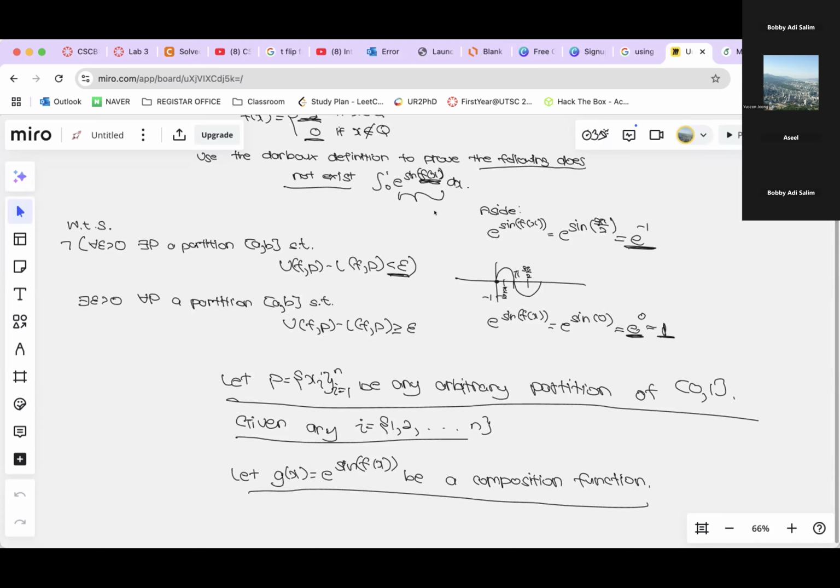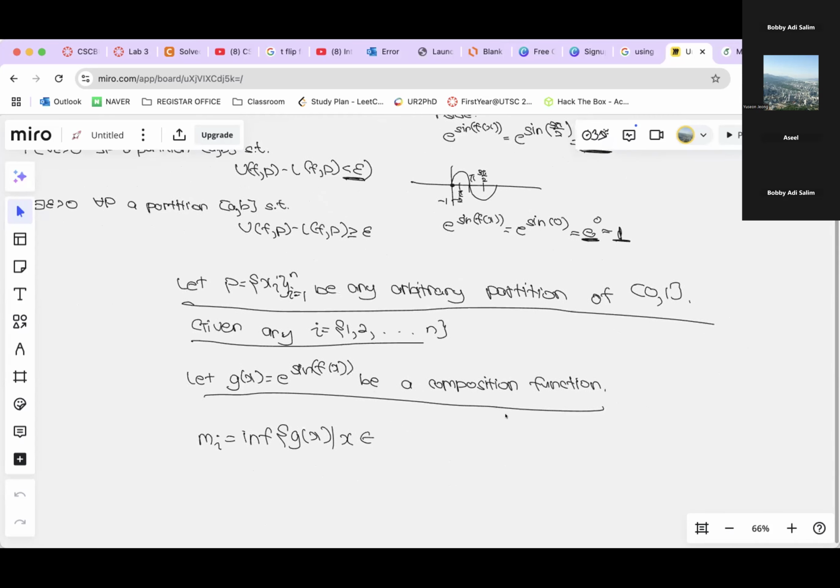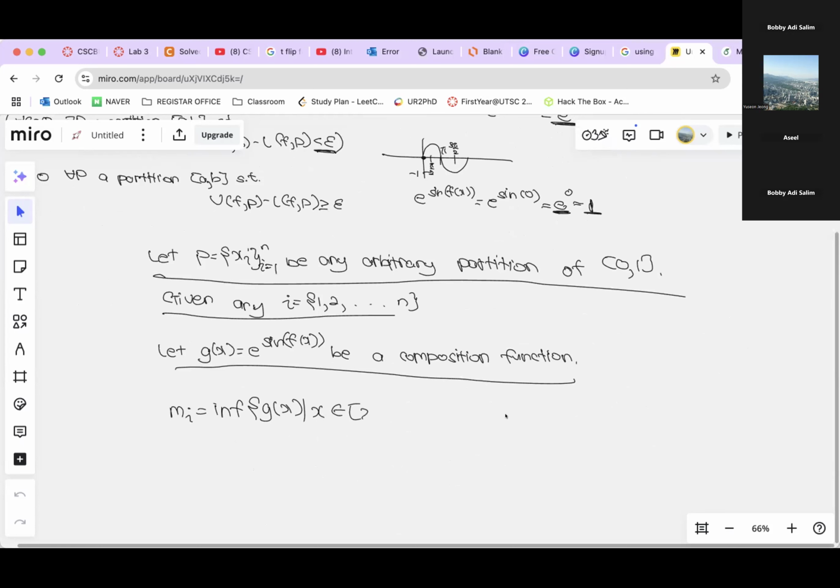So we write MI is equal to infimum of g of x such that x is an element of x_{i-1}, x_i. Where did the sine come from?